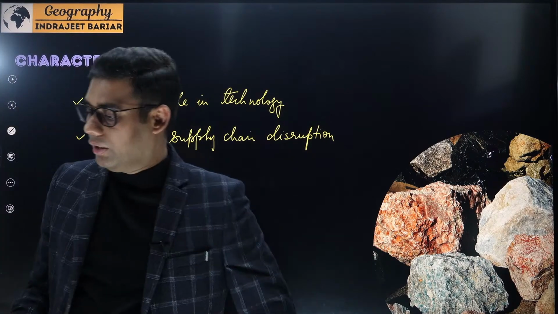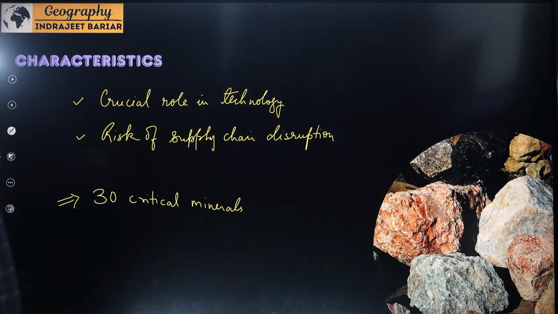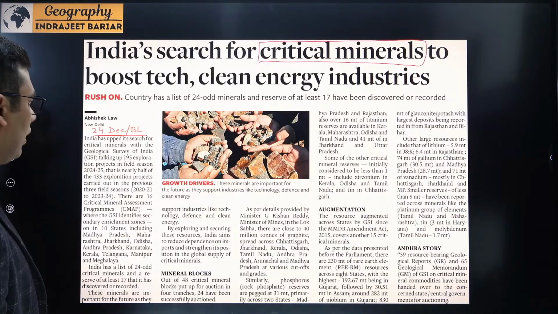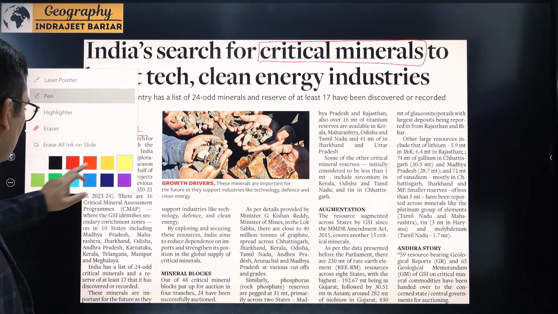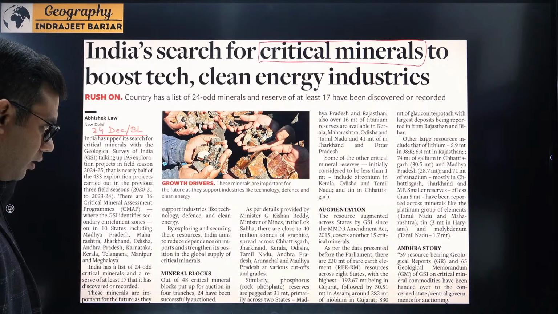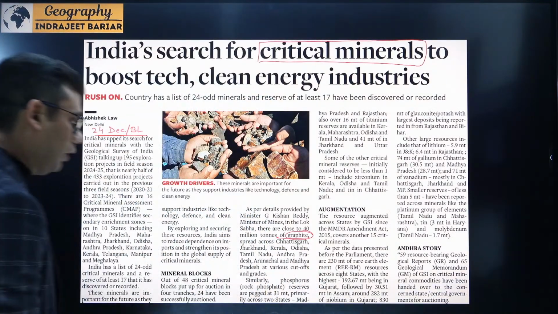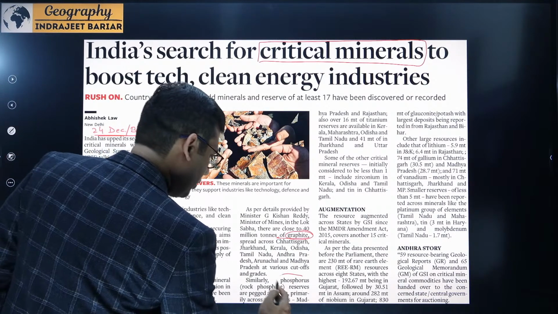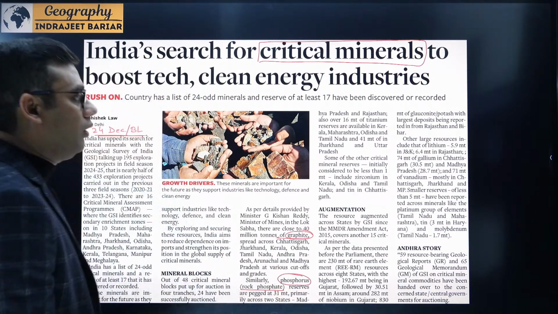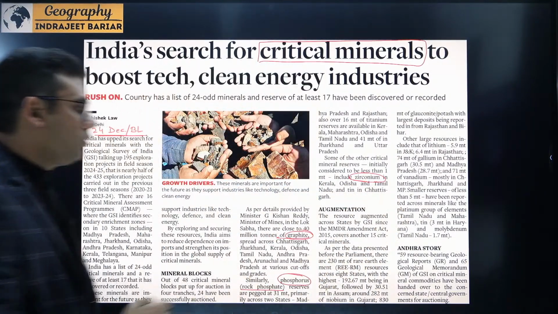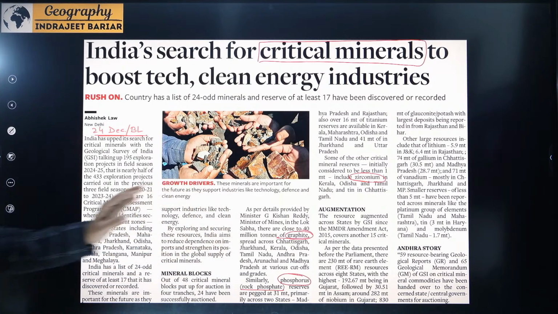Now, with respect to these critical minerals, the major minerals we are concerned about include, in this news, the case of graphite, then phosphorus, which is found in rock phosphate, and zirconium. These have been the important minerals discussed in this.